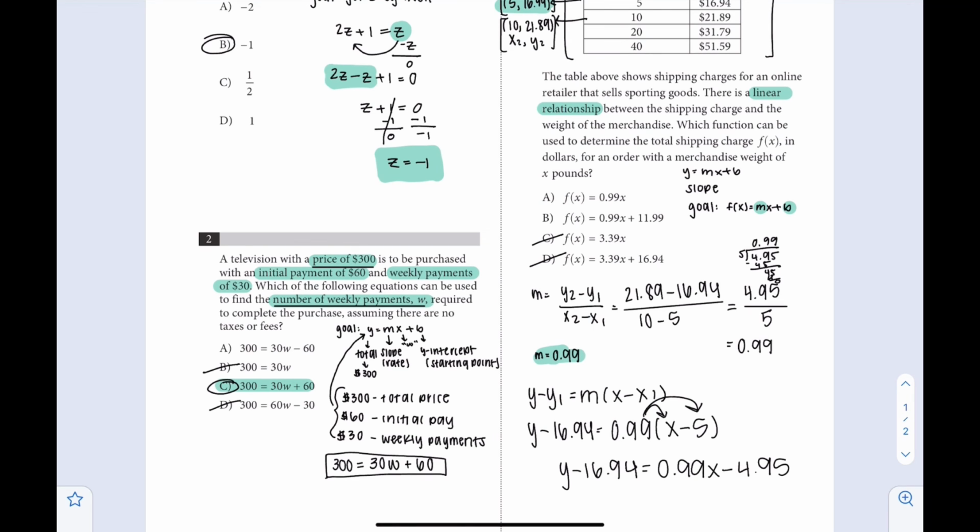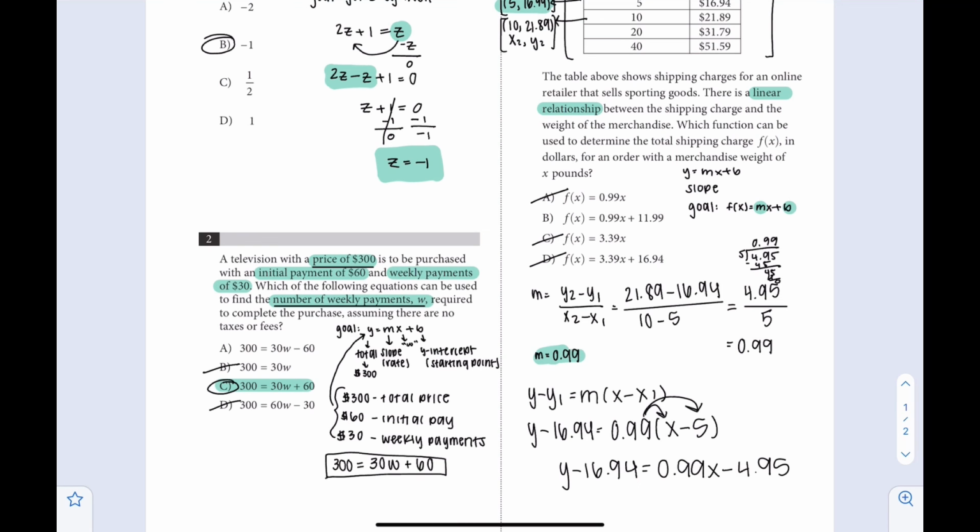And you can do the math, bring over this 16.94 to this side, but if you look at your answer choices, you can already tell that it's not going to be A because A doesn't have a y-intercept. It's stating that the expression is just 0.99x. And if we look here, we can see that that is not correct. So we can cross out A.